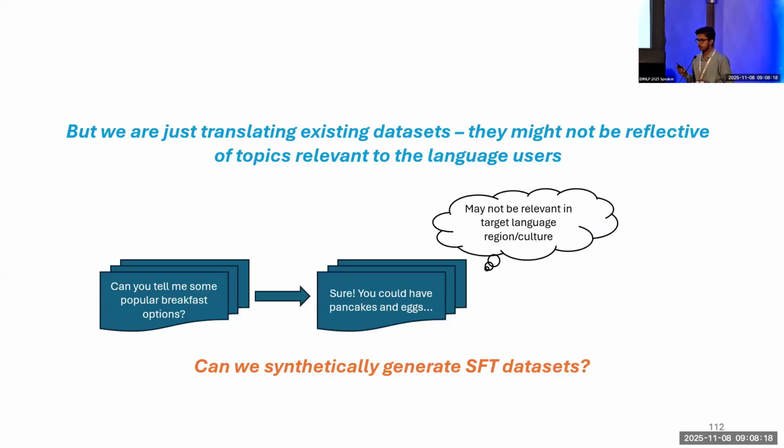But let's take a pause here. We're just translating existing data sets. They might not be reflective of topics relevant to the language users. So for example, if I ask an LLM to give me some popular breakfast options, the response, like you could have some pancakes and eggs, may not be relevant in the target language or region culture. So therefore, can we synthetically generate SFT data sets that are culturally, locally, and region specific?